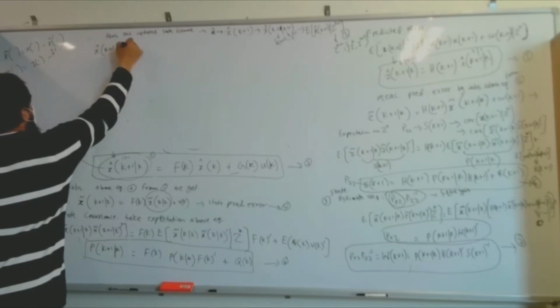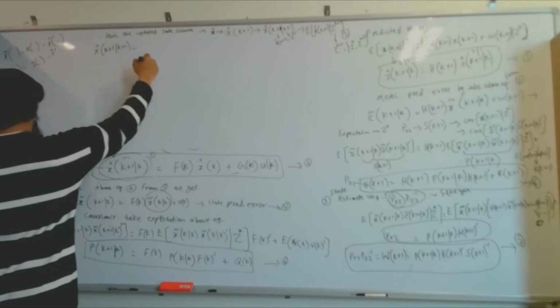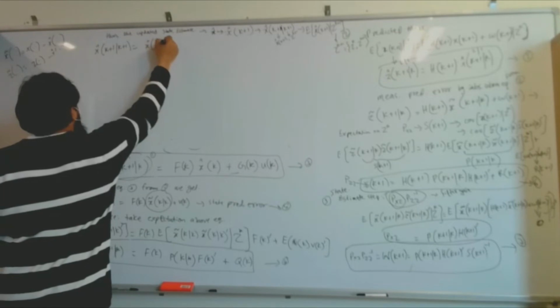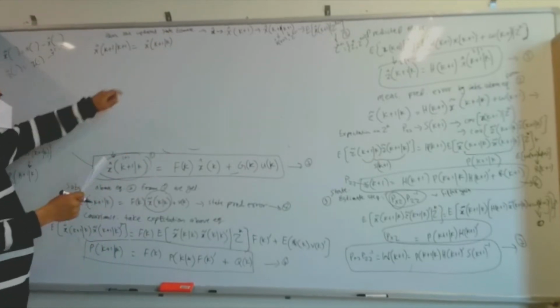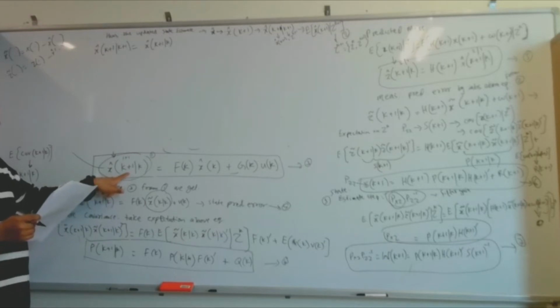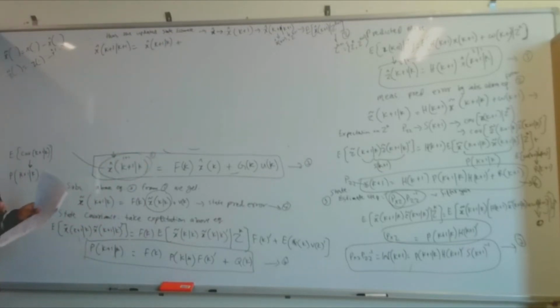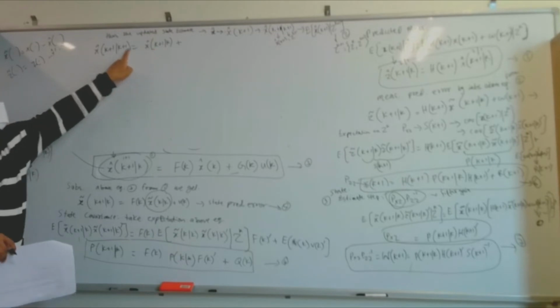How do we apply it? We apply it using this thing. We already know this thing, and we are updating, so we have to add information in addition to this thing, which gives you this thing.